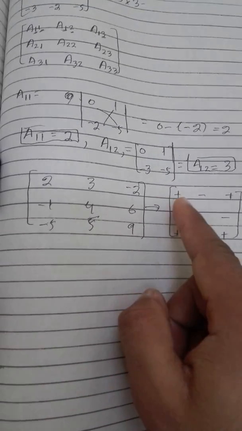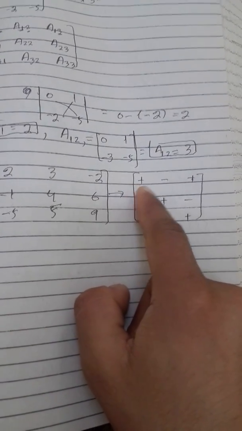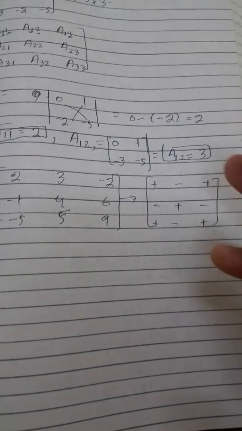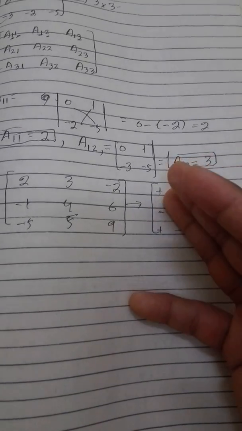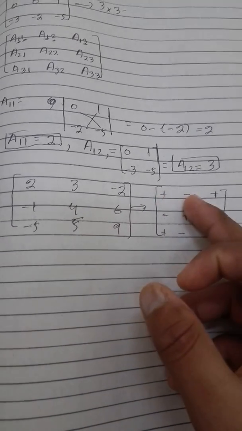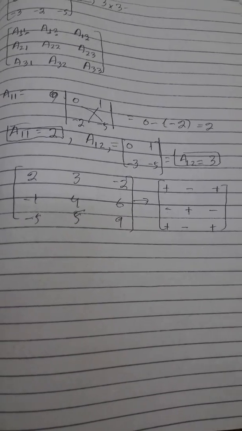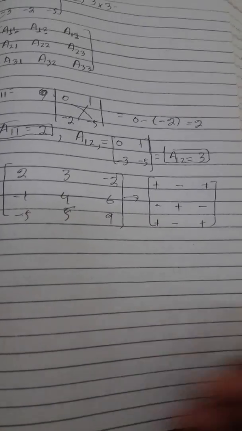If there is a plus sign, there will be a minus sign next. Remember this simple logic: two same signs cannot be placed consecutively. Consecutively, different signs are placed.